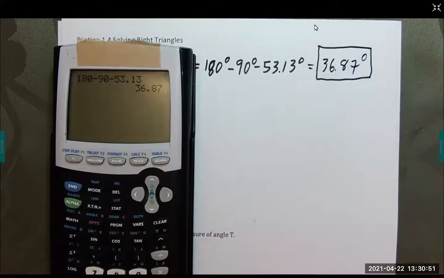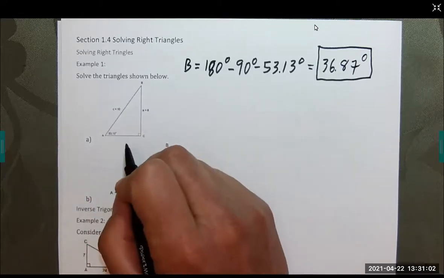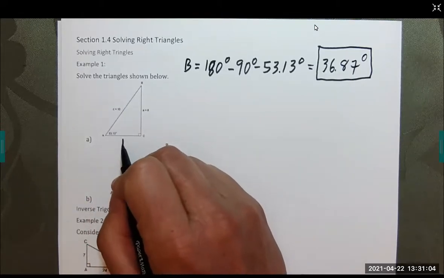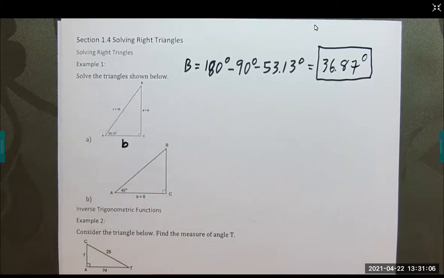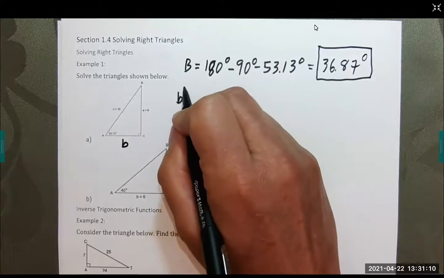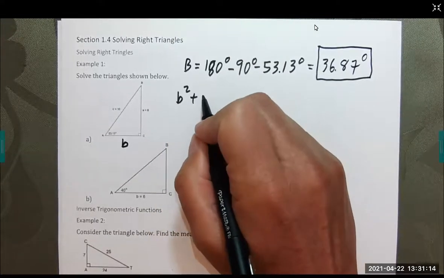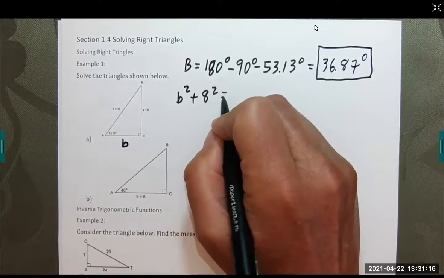So there's the first part. The other part is we're missing a side. Now we have a right triangle here, and we have two of the sides. That means that the Pythagorean theorem is up for grabs. So if I call this side b, then I can say that b squared plus 8 squared equals 10 squared.